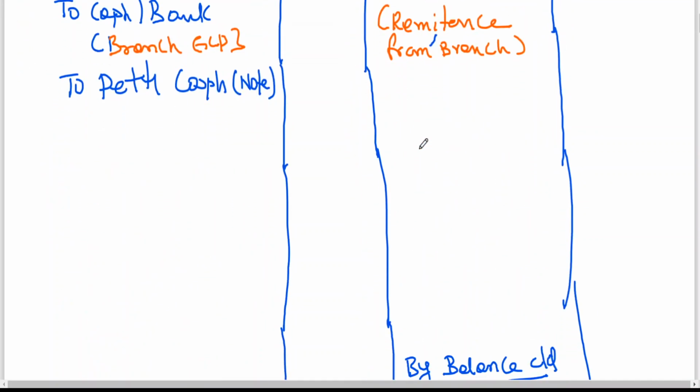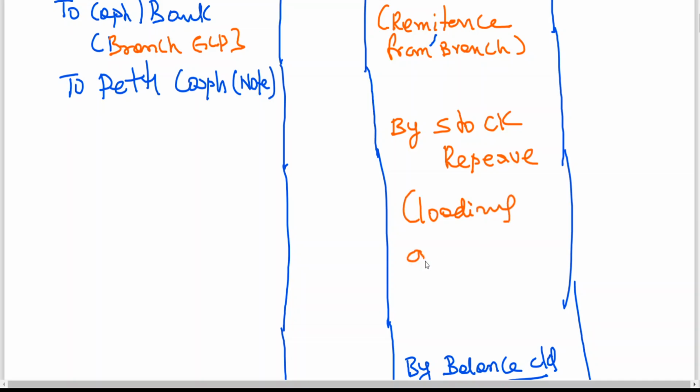This is what is called, here I am writing, by stock reserve, loading on opening stock. And here you write to stock reserve.